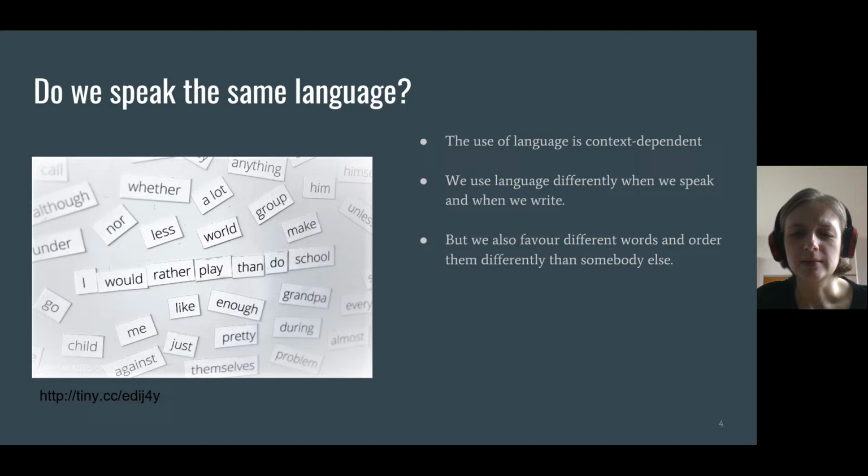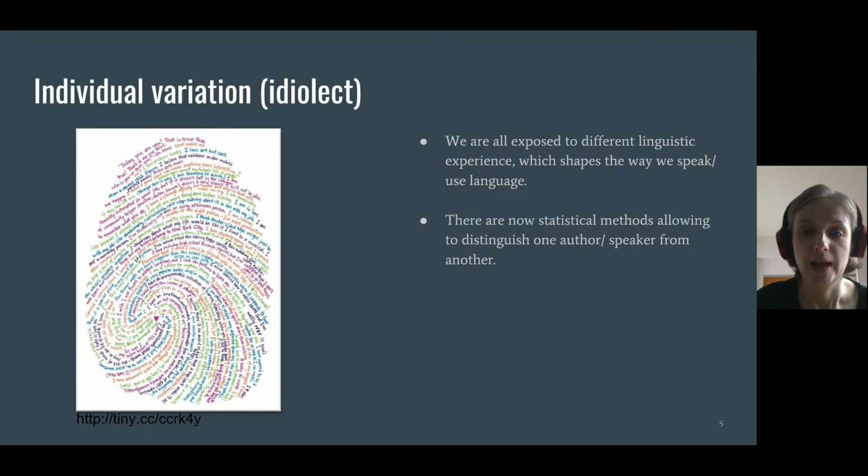And we also have our own favorite words that we use differently than other people. And we sometimes order words differently than somebody else. This is called individual variation, so our own linguistic fingerprint.